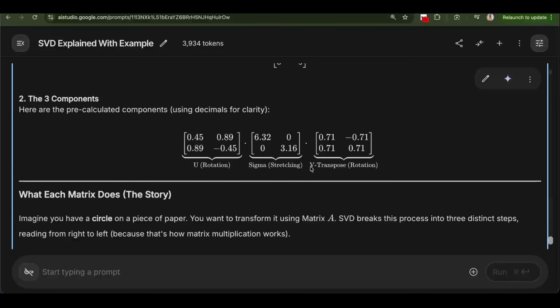So imagine that this one is going to rotate your circle such that the direction in which it needs to be stretched or squished falls onto the x and y axes. Then it will be stretched and squished. And then it will be rotated back. So now the stretched and squished dimensions are not on the x and y axes, but they are rotated back to where they need to be. So now you have an ellipse like this, or like this.